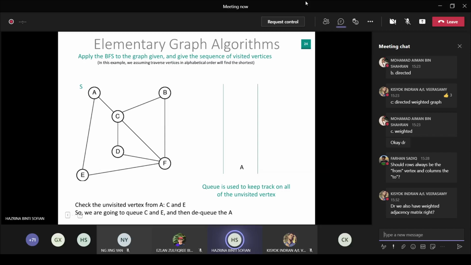Okay. Next, we need to check the unvisited vertices from A. Okay, this one is still the same as the DFS.